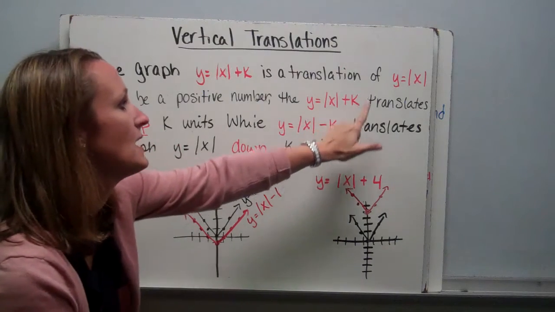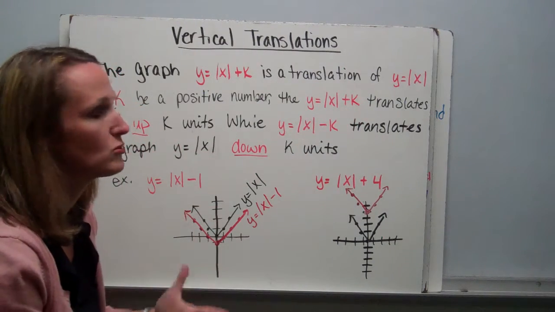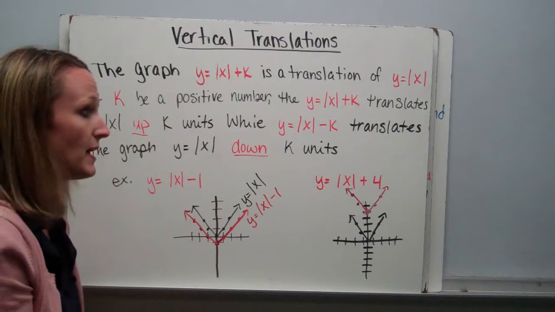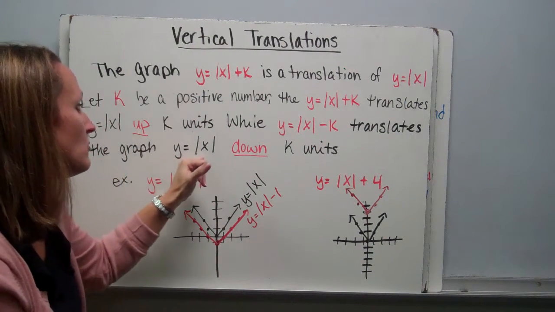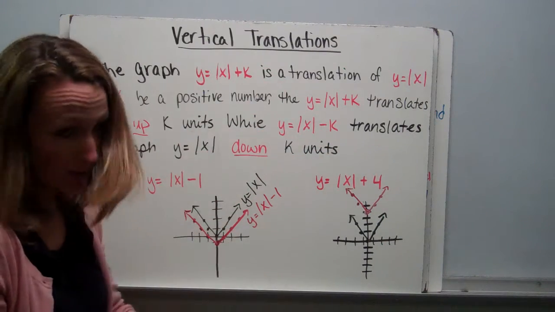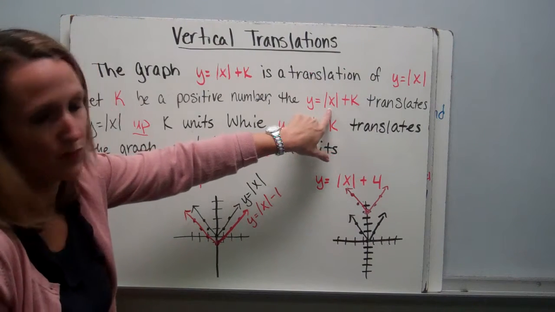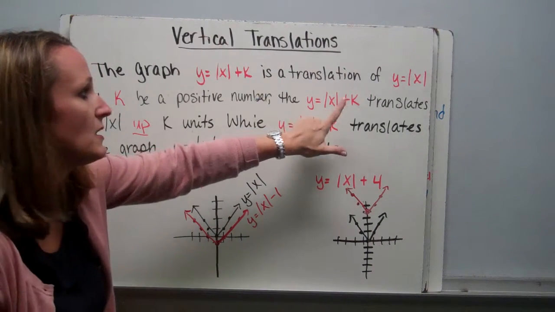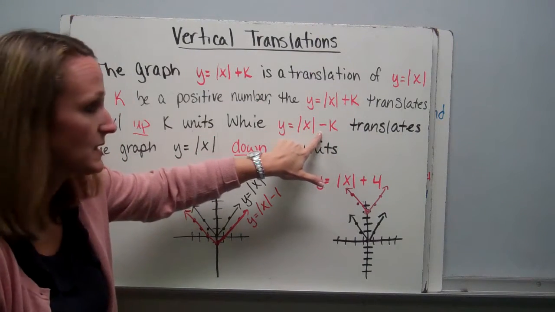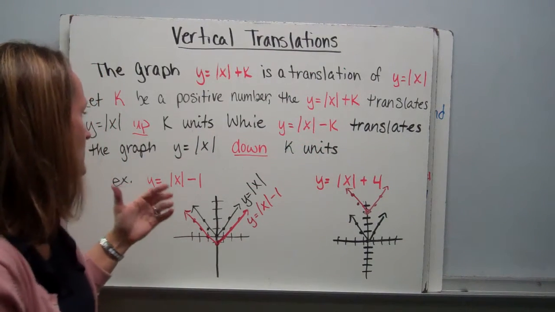So in other words, this k is causing our original graph to just go up, while y equals absolute value of x minus k will translate the graph y equals absolute value of x down k units. So the minus k takes it down. So your graph y equals absolute value of x either goes up based on a plus k or down based on a minus k. Here's some examples.